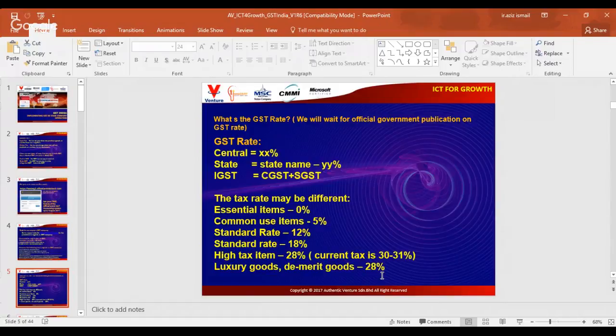You don't have to do your own setting. We are monitoring the various approvals from the government, like what are the rates for essential items, common use items, standard rate, high tax rate, luxury goods tax rate, and all that. So you don't have to worry about it, the rate is set, the rate will be there in the system.